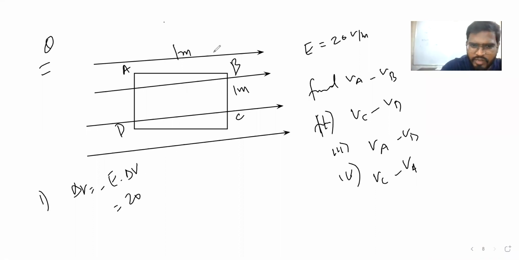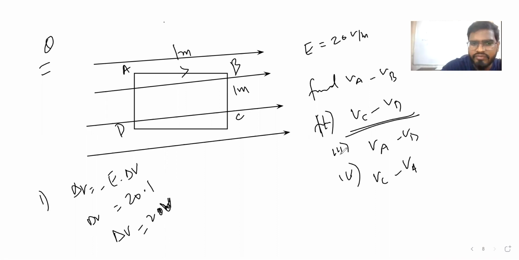And then delta V. No need to take direction, right? Because same direction, E and R. So E dot delta R, delta R is 1. So we can say delta V is equal to how much? 20 volt.